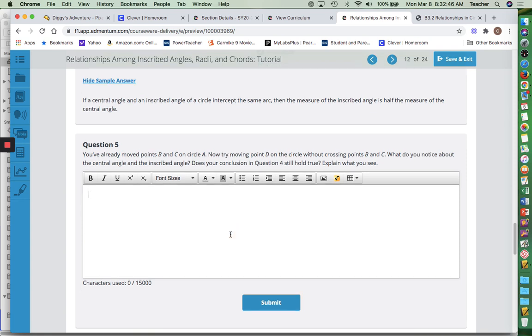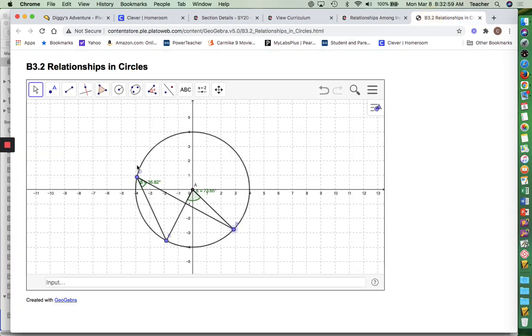Question number 5. All right, you've already moved points B and C on circle A. Now try moving point D on the circle without crossing C and B. What do you notice about the central angle and the inscribed angle? All right, so let me move D. It looks like they stay the same. I mean, it's going to be 36.82 no matter where I put it on the circle. Put it right there, it's 36.82.